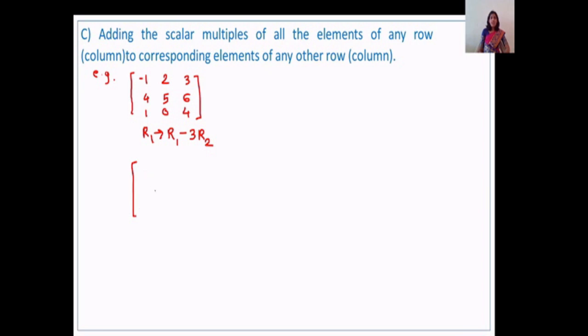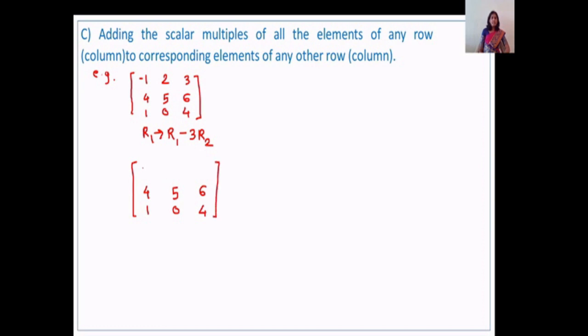There is change in R1, so R2 and R3 are as it is. We firstly write R2 and R3: R2 is 4, 5, 6 and R3 is 1, 0 and 4. We write this as it is.